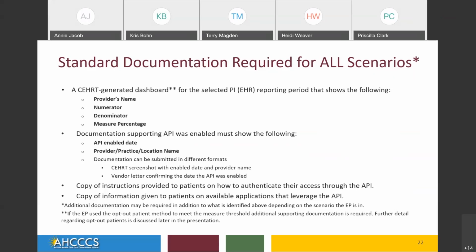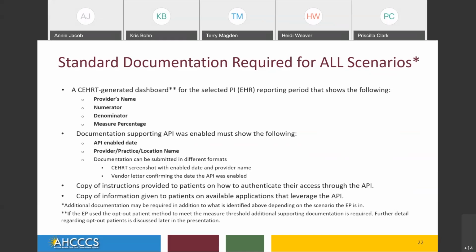or location name, and documentation can be submitted in different formats. For example, a Cert screenshot with the enabled date and provider name on it, or a vendor letter confirming the date that API was enabled. The third type of document that must be submitted is a copy of instructions provided to patients on how to authenticate their access through the API.